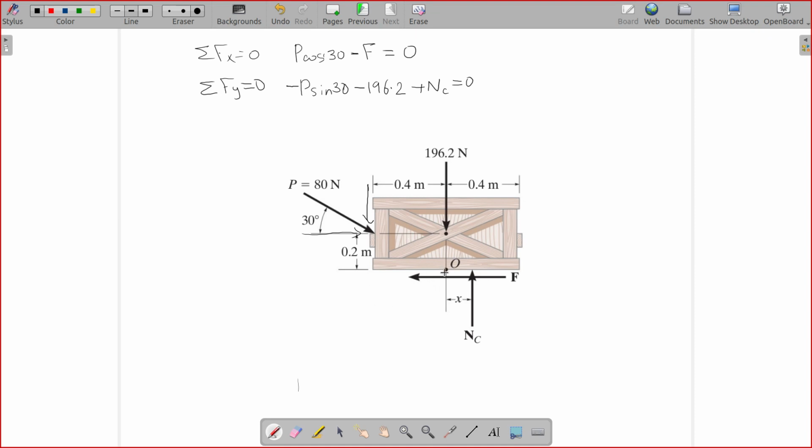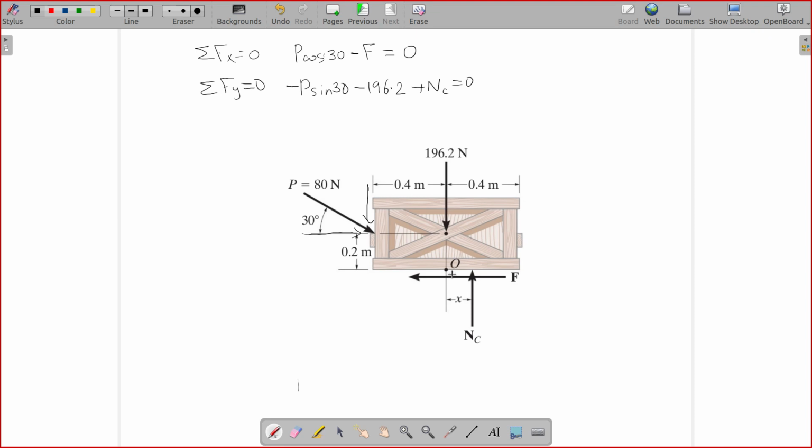For example, if you take O, 196.2 Newton is passing through O. So what will be the moment due to the force 196.2 Newton? That will be equal to 196.2 Newton multiplied by the perpendicular distance between the line of action of the 196.2 Newton force and the point O. And what is the distance?